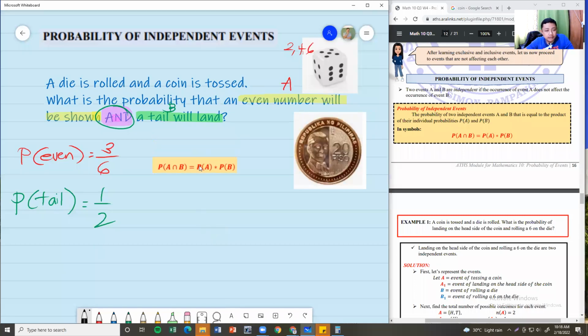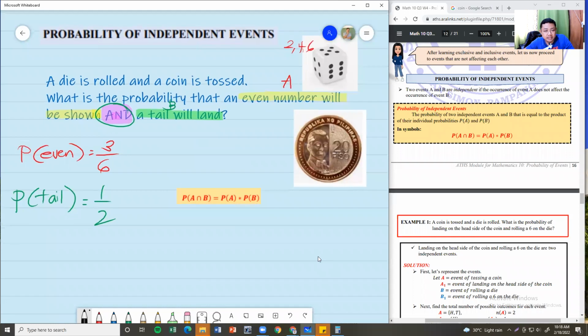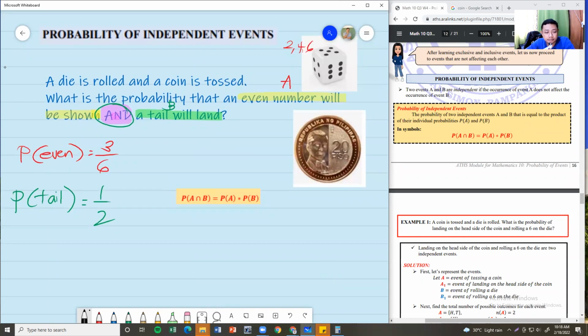The probability of the intersection of A and B, which is the symbol for the independent events, will be our P of A, our first event is 3 over 6, times our second event, the tail, is 1/2. And you know that when we are multiplying, we multiply numerator to numerator and then denominator to denominator. So therefore, this will be equal to 3 times 1, that's 3, over 6 times 2, that's 12.